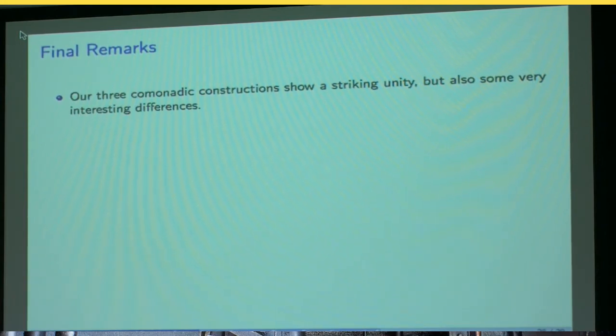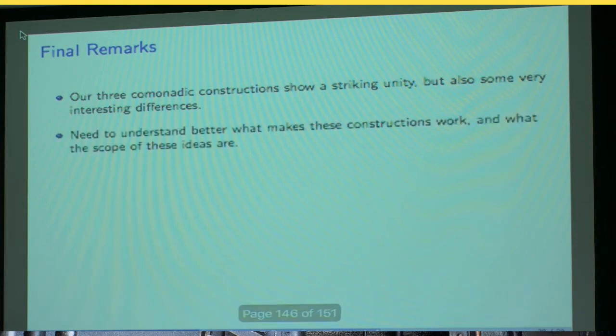It's clear that these all have a striking unity. I still haven't quite got a clear picture of a more general construction of which all of these things are instances, but as we saw with the bisimulation, quite a lot of common structure is apparent. But there are also interesting differences. As we saw, you always get a finite structure from a finite one in the Ehrenfeucht-Fraïssé case, but you get necessarily an infinite structure in the pebbling case.